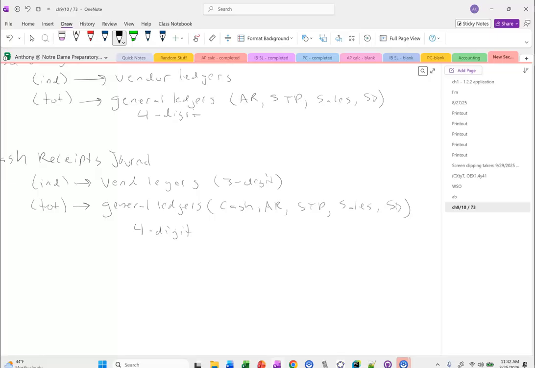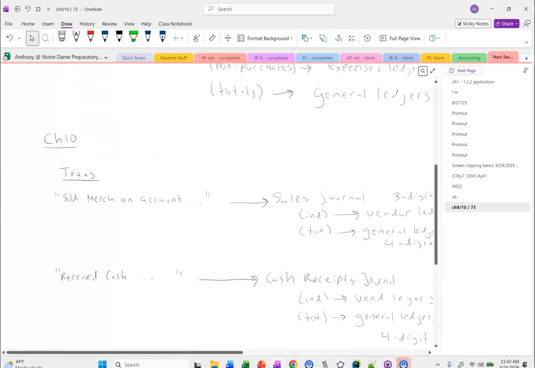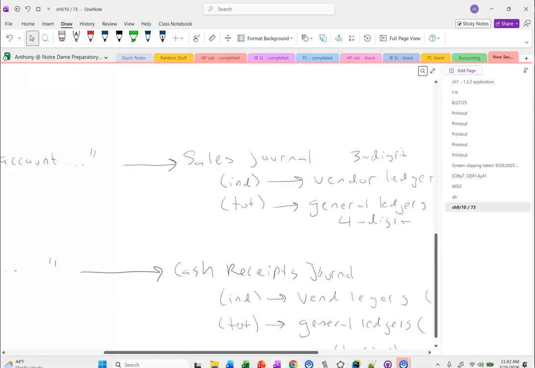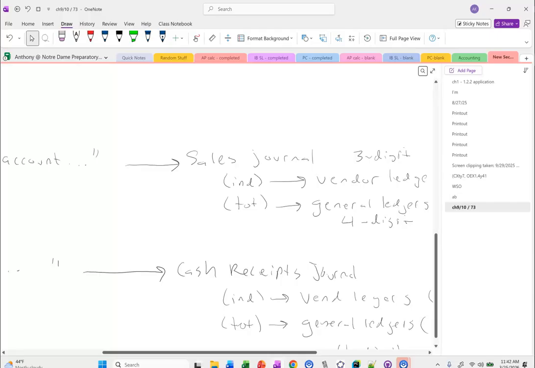What type of transaction was this? Is it selling merchandise on account or received cash? Received cash. So this transaction should go into the cash receipts journal. So if you turn to page 108, in the cash receipts journal, you date that May 2nd.